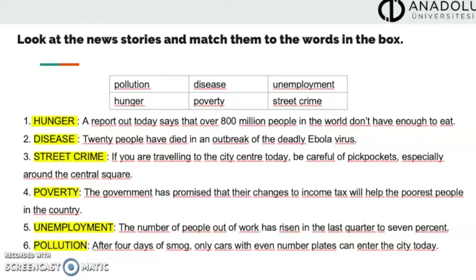Number 5. The number of people out of work has risen in the last quarter to 7%. So this is about people who are out of work. Number 5 is unemployment. Number 6. After 4 days of smog, only cars with even number plates can enter the city today. So this is about air pollution. Number 6 is pollution.